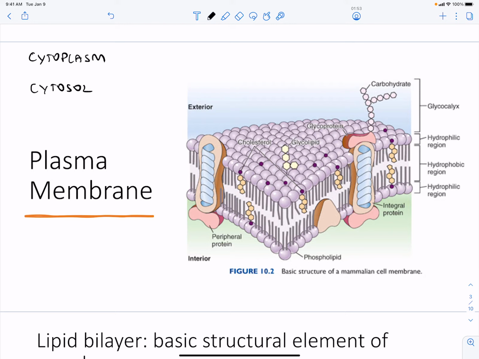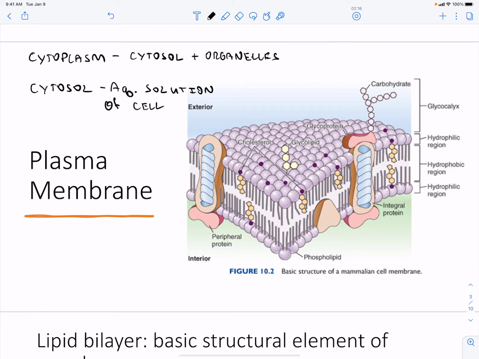And so the cytosol is really the aqueous solution of a cell. And then the cytoplasm is the cytosol plus the organelles. And of course, the nucleus is separate from all of this.